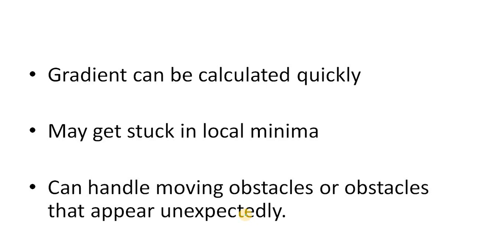But in this method, the artificial potential fields, the gradient can be calculated very quickly. Gradient means slope, the partial derivative of your potential. So it's very easy to calculate, and it can be calculated quickly.